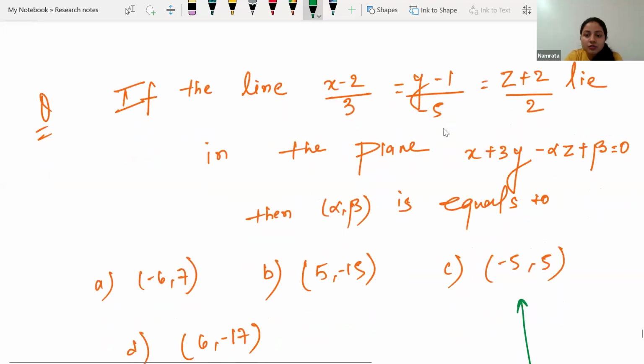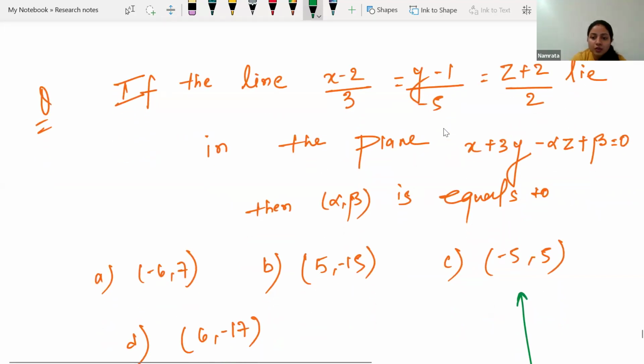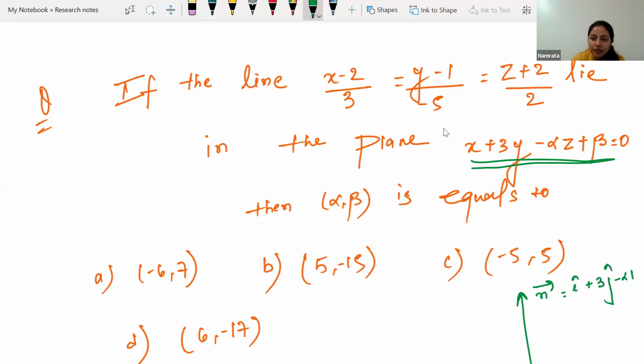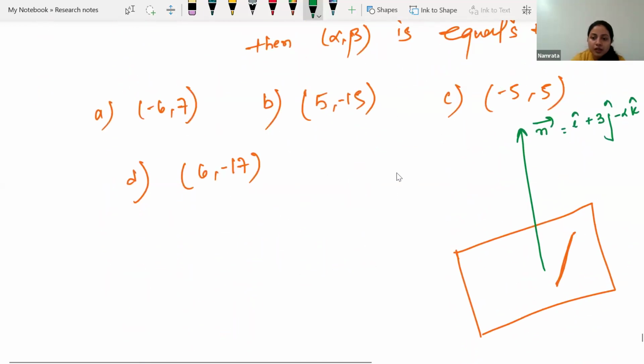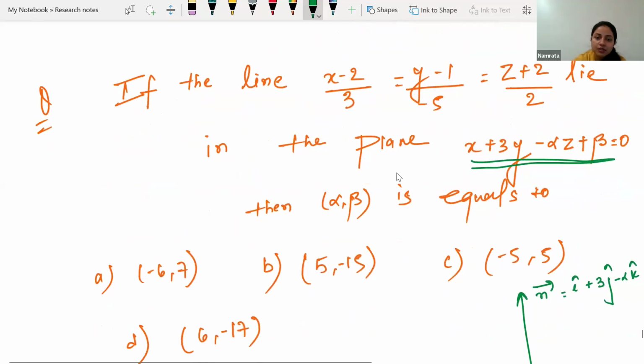What will be the normal to this plane? This is the equation of the plane we have. Normal will be i plus 3j minus alpha k. And for the line, we are talking about a vector in the direction of the line, using the direction ratios.